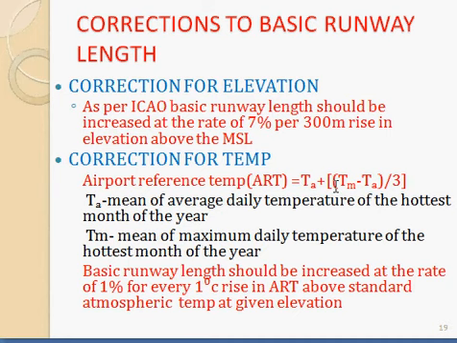So you find which is the hottest month of that year. Suppose it is May; you take the average daily temperatures of each day in May, and the mean of those averages gives you Ta. Similarly, you take the maximum temperatures of all the days of May, and the mean of those maximum temperatures gives you Tm. Using those two, you can find the airport reference temperature.